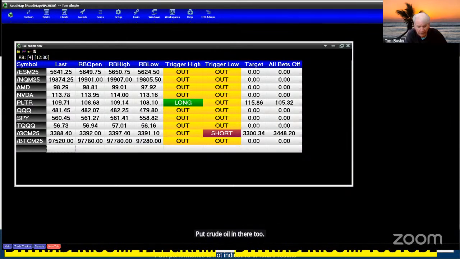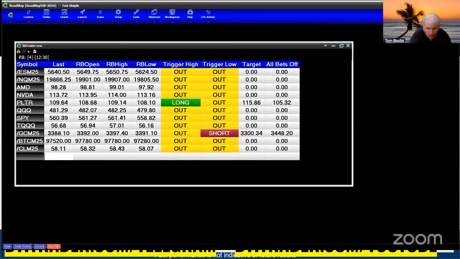Don't leave it out. Set an alert on crude at 57.84.